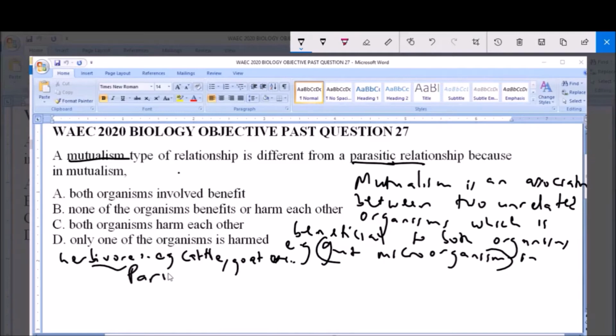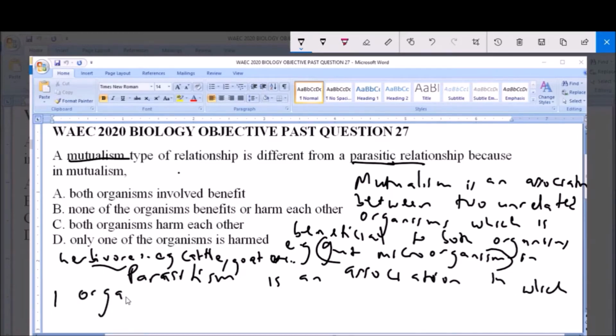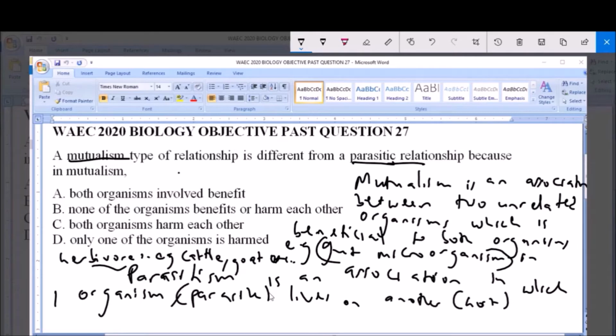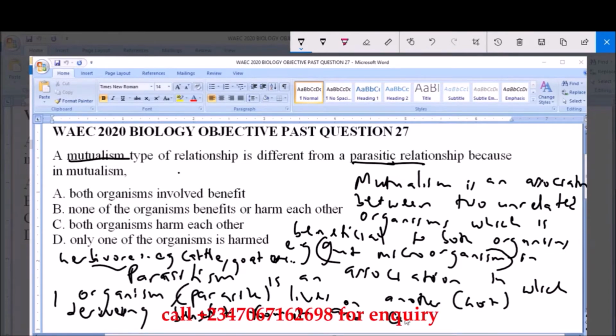However, the other one, parasitism or a parasitic relationship, is an association between two organisms in which one organism, which is the parasite, lives on another, which is the host, and derives benefit from it, and causes harm to it.